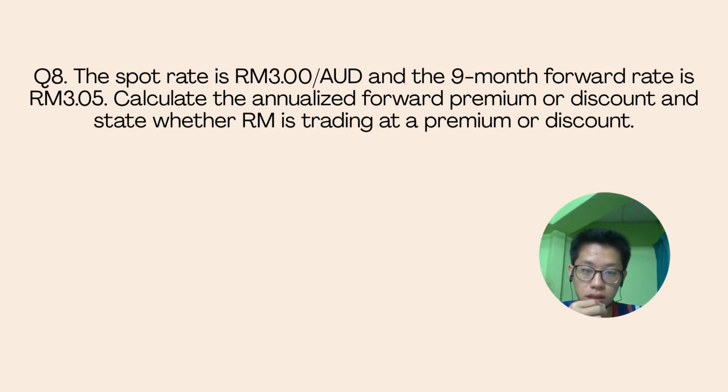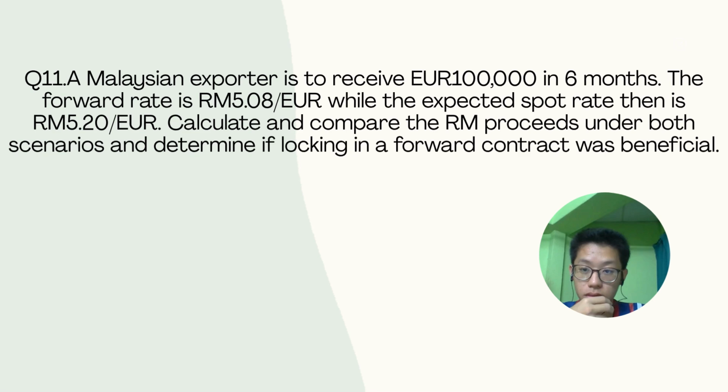This calculation shows a forward premium, since the forward rate is greater than the spot rate, with a forward premium of 2.2% against the Australian dollar over 9 months because the ringgit Malaysia appreciates.